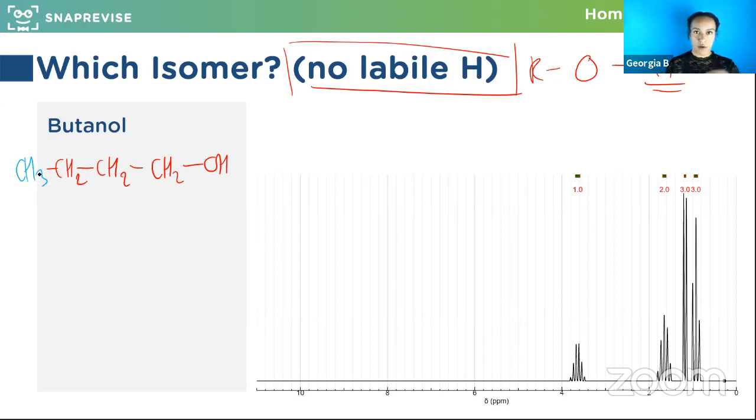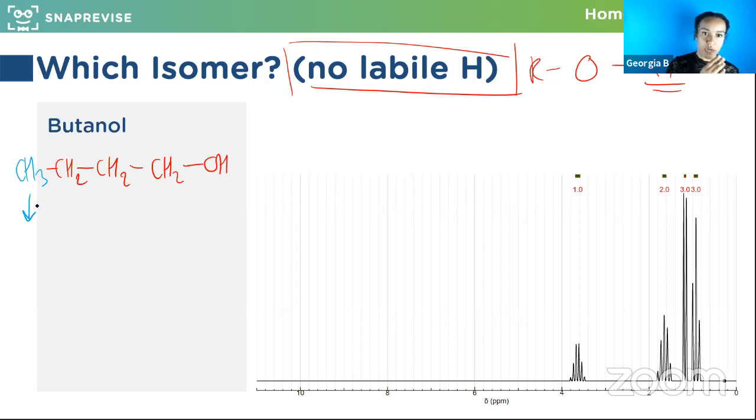Let's just start from the left. On the left-hand side, we have a CH3, which is bonded to a carbon with 2 hydrogens. So what's my splitting pattern going to be? How many splits will I have for the CH3 at the end?